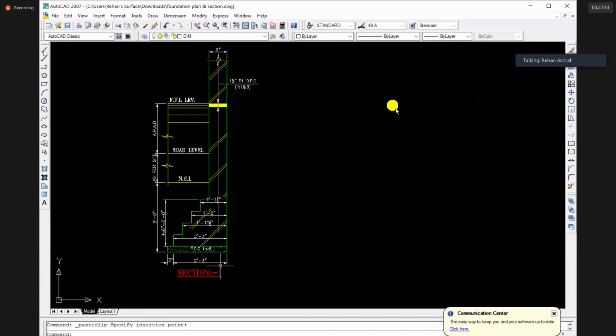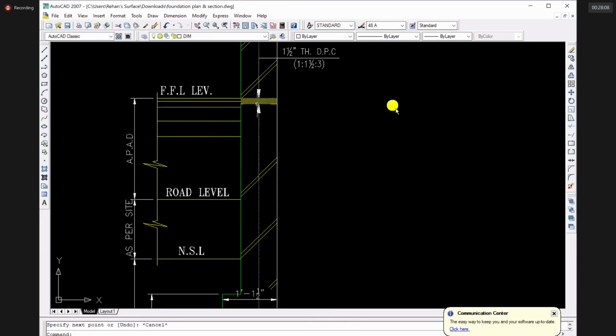Look, let's say this is the property limit. Now you cannot go outside the property, so your foundation would be only on the one side, right? So FFL.